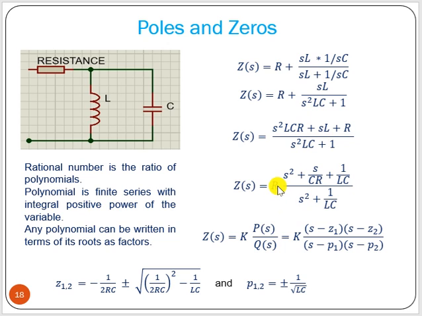Here we have a constant term, K. This term we can write as P(s), and this term we can write as Q(s). So this is the rational function.